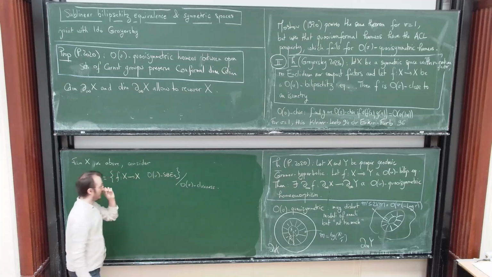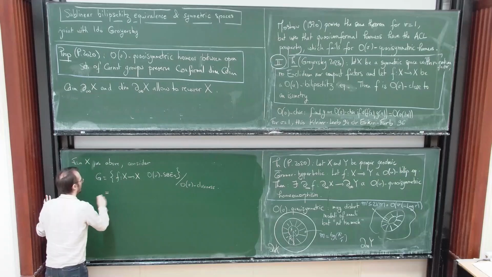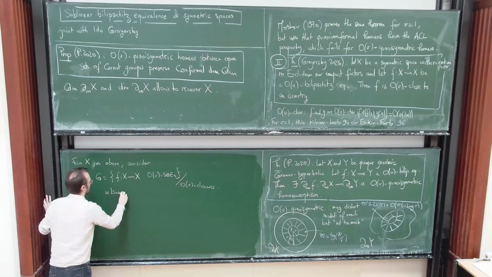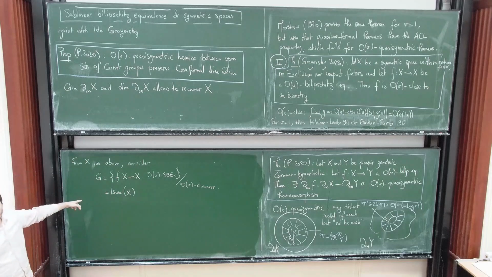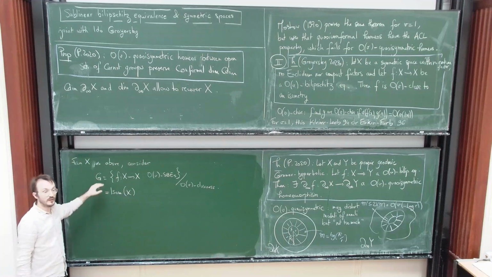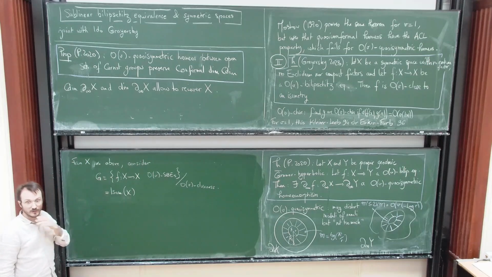At first it looks like a huge group, but in fact it's isomorphic to the isometry group. So you recover G such that X is G mod K, by Grayevsky's theorem. And this is an SBE, sublinear bilipschitz equivalence, invariant. So you recover G, you recover X, and you're done.